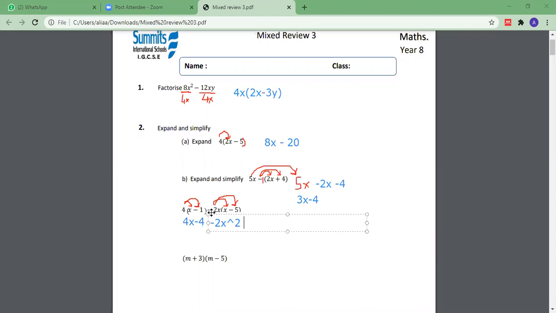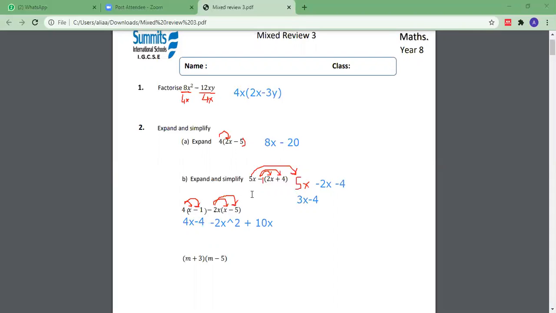Okay, negative 2x multiply negative 5. Negative multiply negative will be positive 10x. Okay, so negative 2x multiply x, negative 2x power 2. Negative 2 multiply negative 5. This is one of the common mistakes. We forget the negative. Multiply negative, the happy face. So it will be plus 10x.